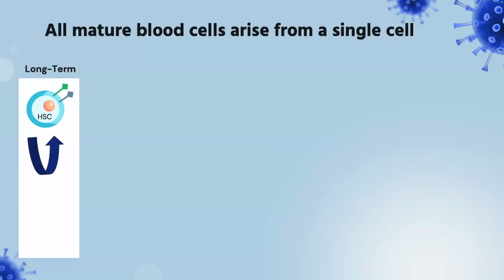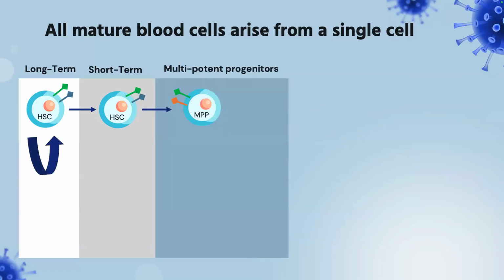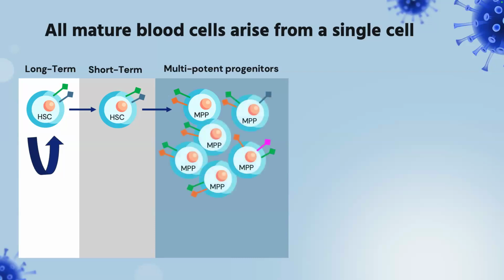Now, when we have cell damage or cell death, the hematopoietic stem cells will be provoked to exit quiescence and begin actively dividing again. When the appropriate signals are present, the long-term HSCs will give rise to what are called short-term HSCs. And these will develop and proliferate into multipotent progenitors, or MPPs. MPPs have a very limited ability for self-renewal, but they proliferate rapidly.